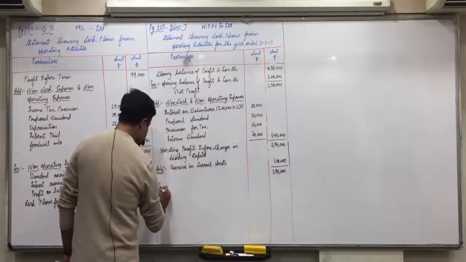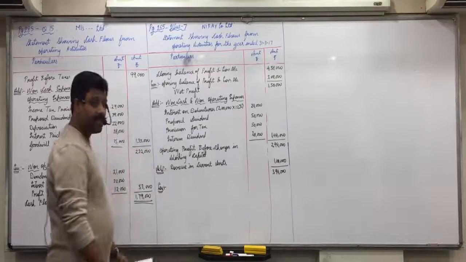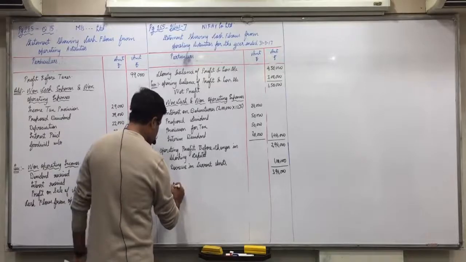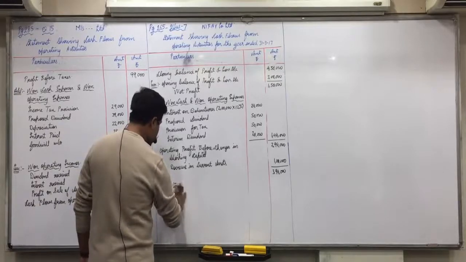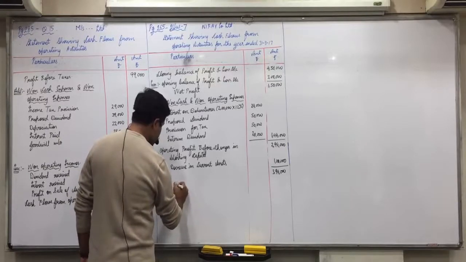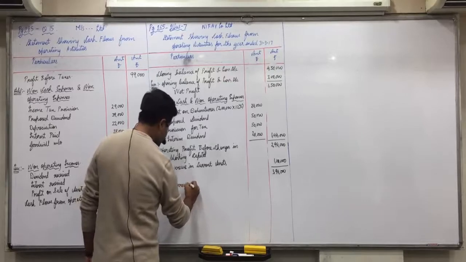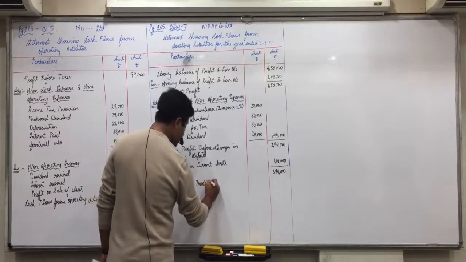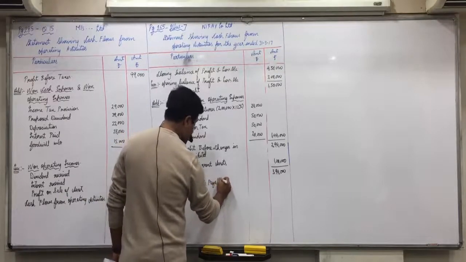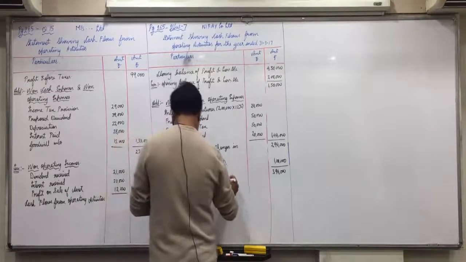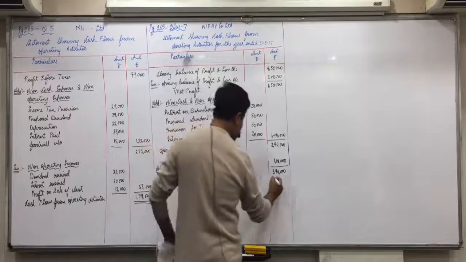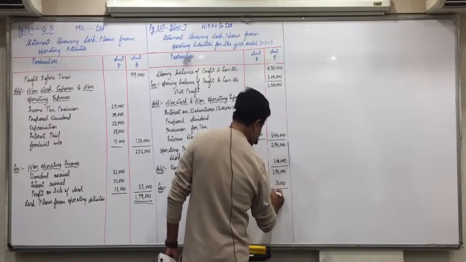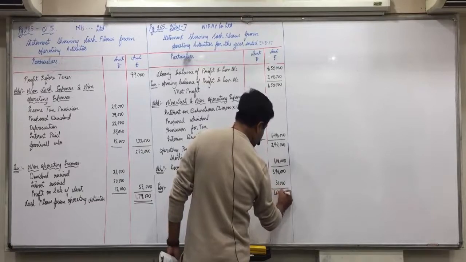And in CA and CL there is only one item marked as O minus, creditors, decrease in trade payables, 90,000 and 60,000 difference, 30,000, 3,64,000.